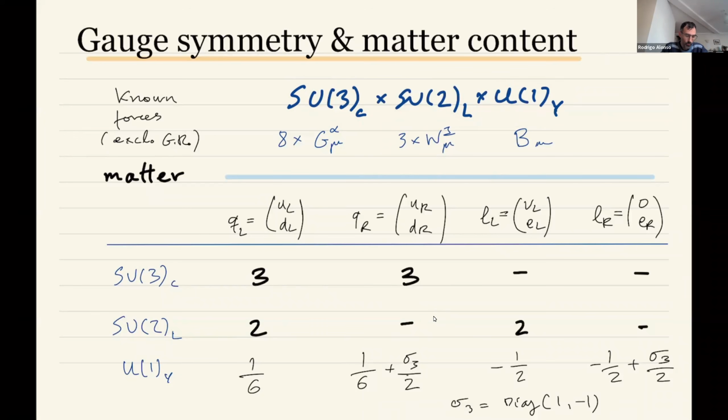And as you might know already, knowing the gauge group tells you what the spin 1 content of your theory is, the massless spin 1 content.